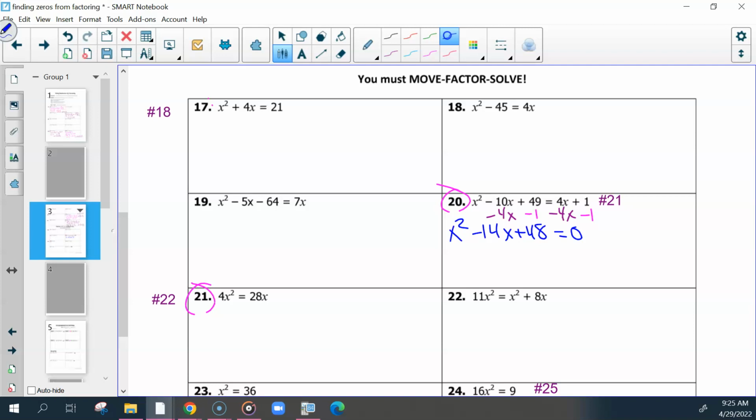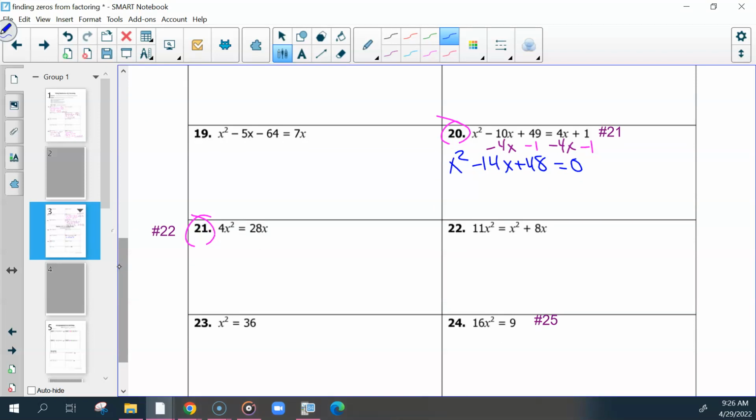Now, how could we factor this? Thinking with the x, so we're looking for what? 48. And what two numbers would work? Negative 7 times 7?